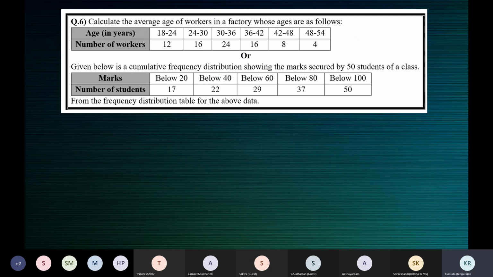Do the second question, children. Make the cumulative frequency distribution. Don't copy the question, just do the answer.